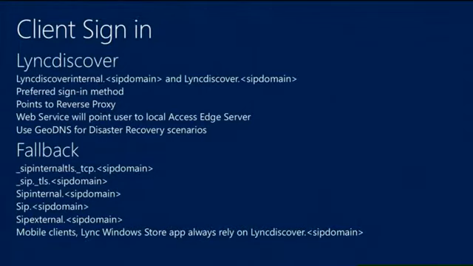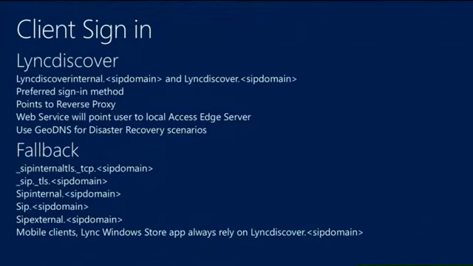So now the question might be, do I still need to deploy these SRV records if I have the new A record? And my recommendation would be to actually do that, because some users might still use old clients, Lync 2010, or, for example, they might be using the Lync for Mac client. Lync for Mac 2011 does not support Lync Discover.